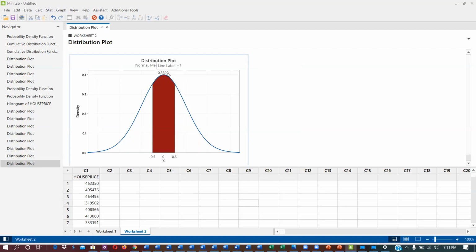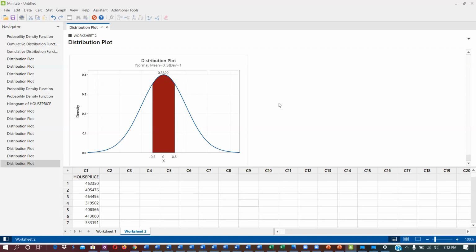Normally 68 point some percent is the 2 sigma. And normally what people do, if I ask for 1 sigma, they take 68 divided by 2, which is 34%, but exactly 38.29 is the value of this.